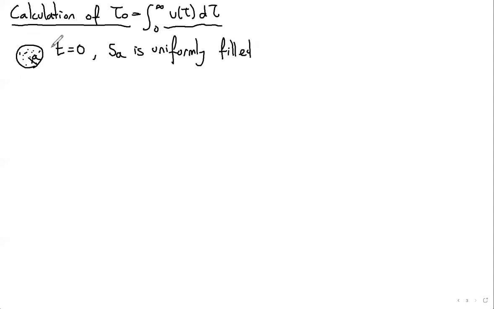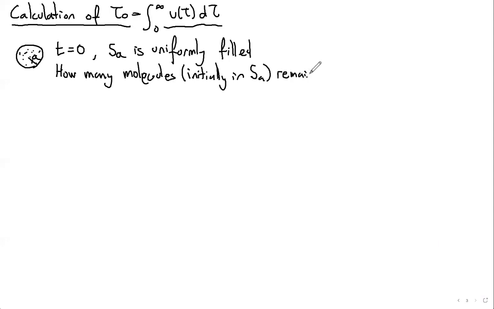So there is a homogeneous distribution inside the sphere, and the question is how many molecules which were initially in the sphere remain inside the sphere at time t equals tau. Okay, this is the question I would like to solve.